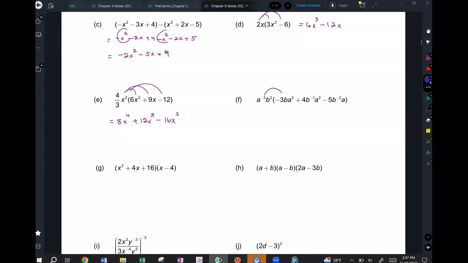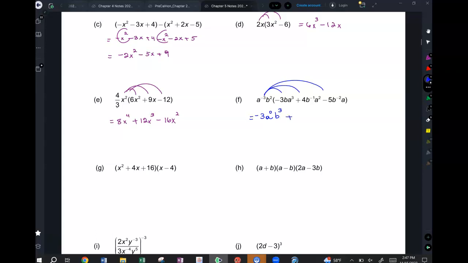So, let's distribute here. Okay? All right. So, remember, we have to add the exponents. Okay? So here, I have negative 3 a to the power of negative 3 plus 3 is 0. So it's just negative 3. B to the power of 2 plus 1 is 3.